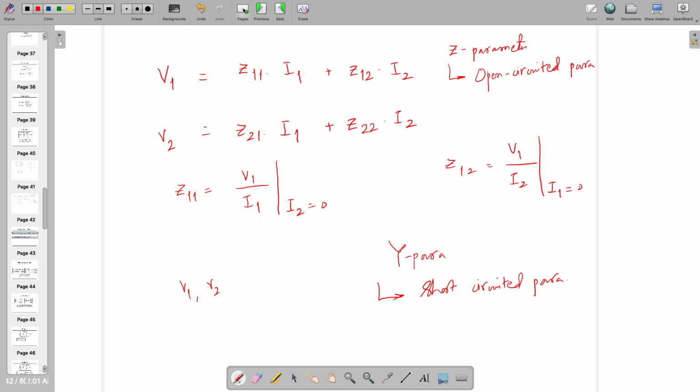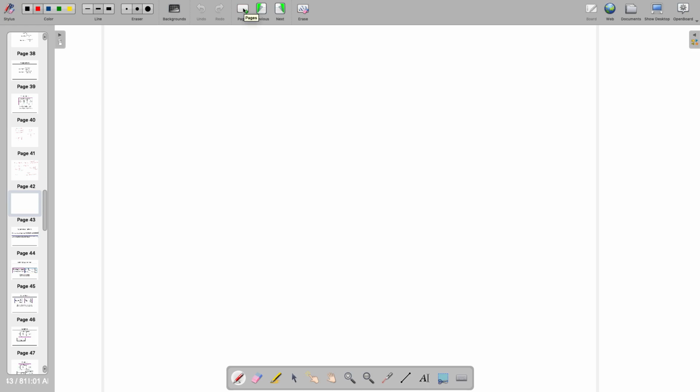We also tried some of the questions on different networks. We found that if the network has only two mesh equations or only two nodal equations, it's very easy to find its Z and Y parameters, right?